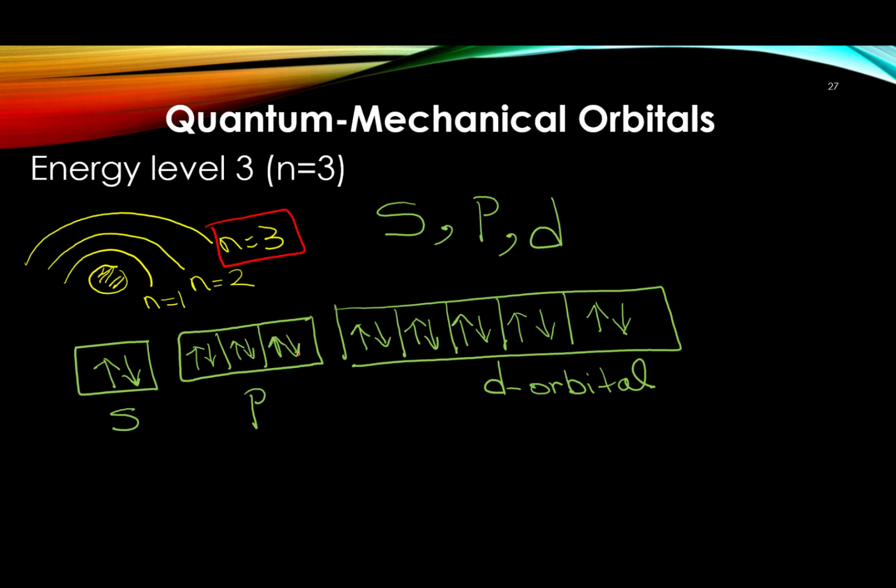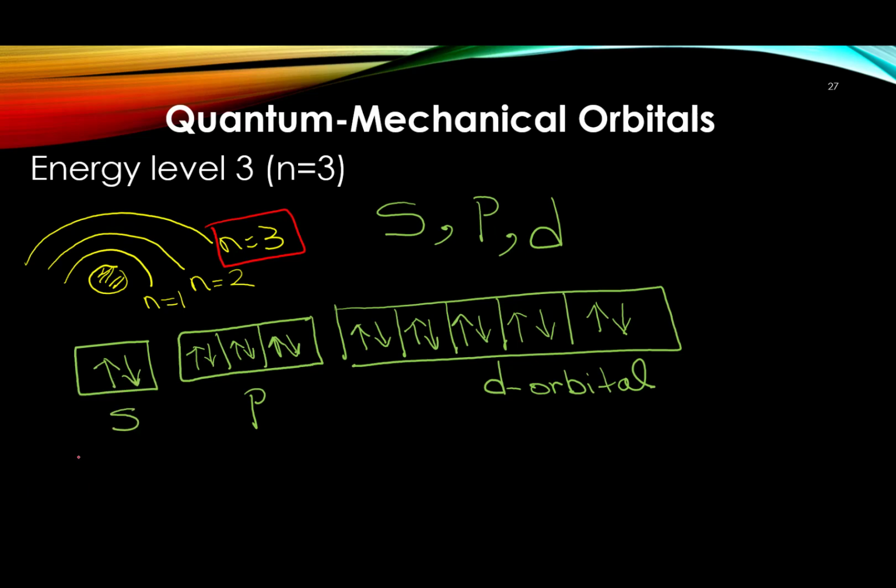Okay. Then as you could see here, what's the maximum number of electrons we could have in energy level 3? In energy level 3, we could have 2, 4, 6, 8, 10, 12, 14, 16, 18. Then in energy level 3, you could have a maximum of 18 electrons.